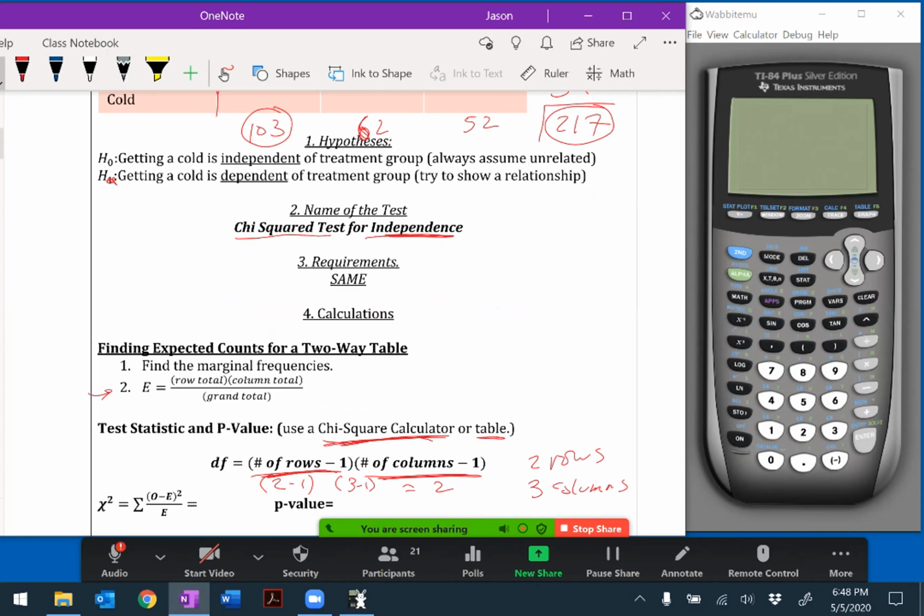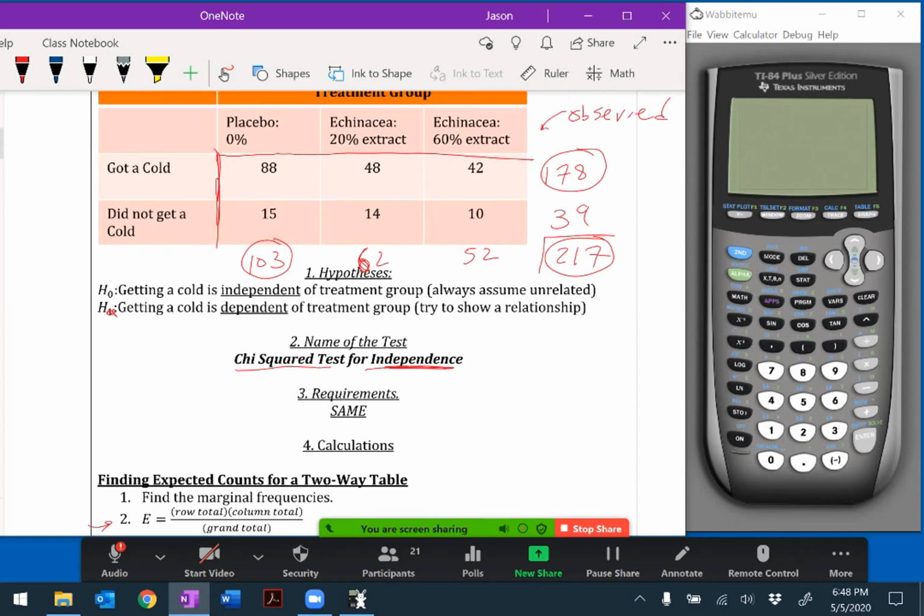Those are my expected values. So I'm going to do 103 times 178 over 217, and that will give me my expected amount. All the expected amounts I'm going to have in parentheses.